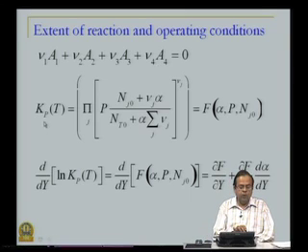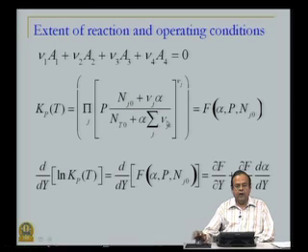We got our equilibrium constant Kp as a function of alpha, the extent of reaction, and the solution of this for a given condition, whatever is the value, is my value of alpha E. Now, let us examine this f of alpha. We see several things here. Let us start with nu j. These are the stoichiometric coefficients and there is nothing much we can do about it. Given the reaction, these conditions are fixed.